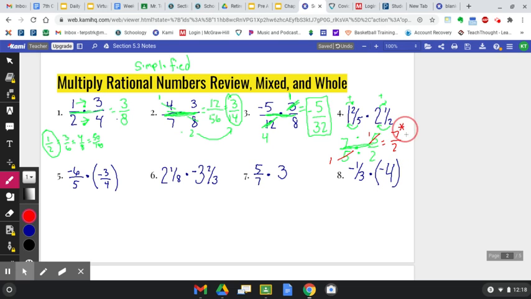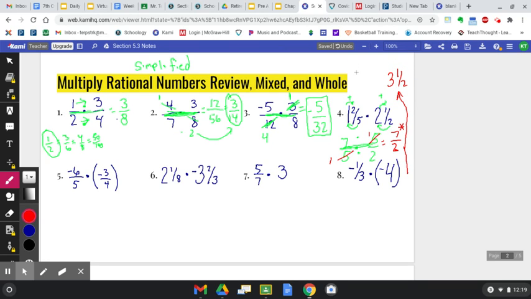And it is okay to leave your answer like this. But the answer key, or if it's multiple choice, might not have it in that form. So we want to be able to switch it if needed. 2 goes into 7 3 times, and there would be a remainder of 1 over 2.